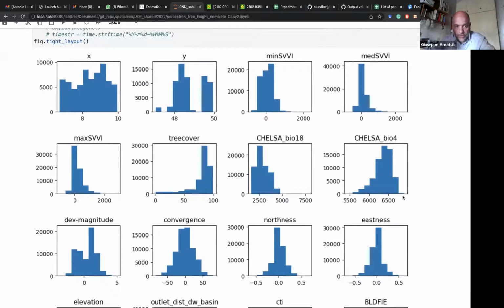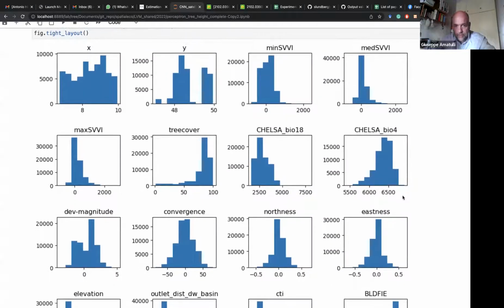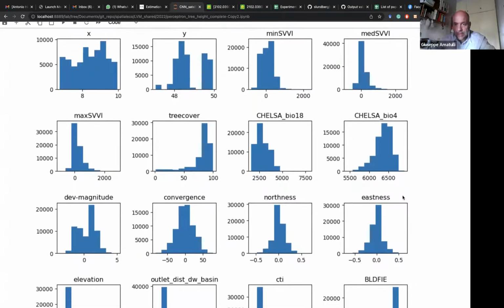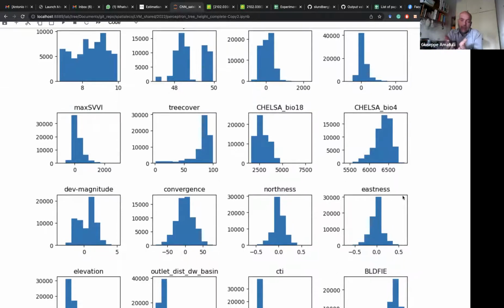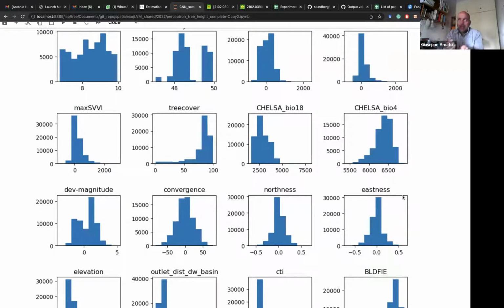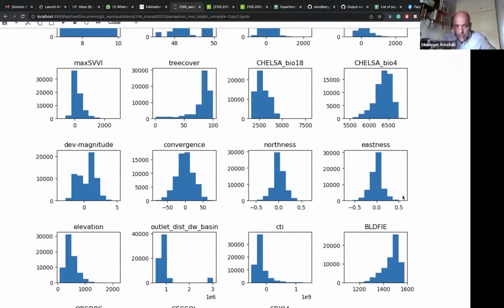Then the magnitude, convergence, northness and eastness are derived from geomorphological data, coming from the digital elevation model. They identify concavity, convexity, east and north-south exposition, and where you have more accumulation of water. Then you have elevation, of course.